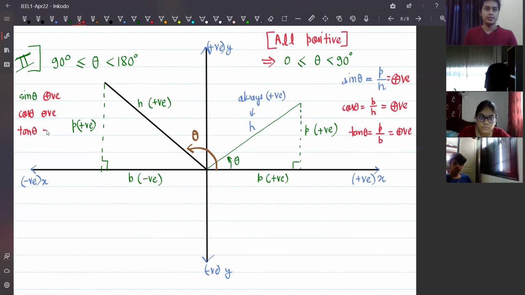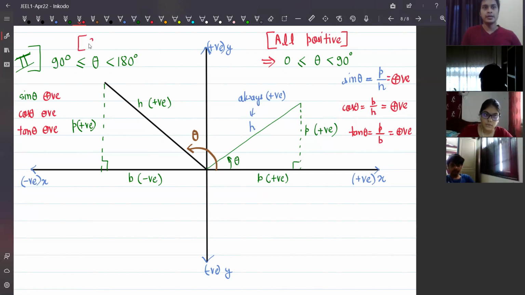Negative. Good. It was simple because the base is negative. All the ratios that contain base will be negative, that is cos and tan. I'm not writing the inverses, sec and cot, because that is obvious. If a quantity is positive, then its inverse will be positive. If the quantity is negative, its inverse will be negative.